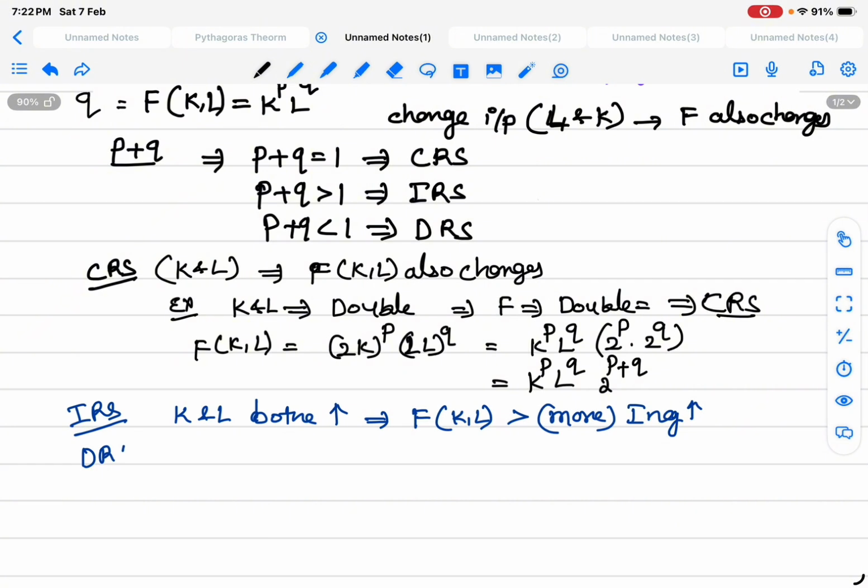Whereas in decreasing returns to scale, if K and L are both increased and the output is less than proportional, it is decreasing.